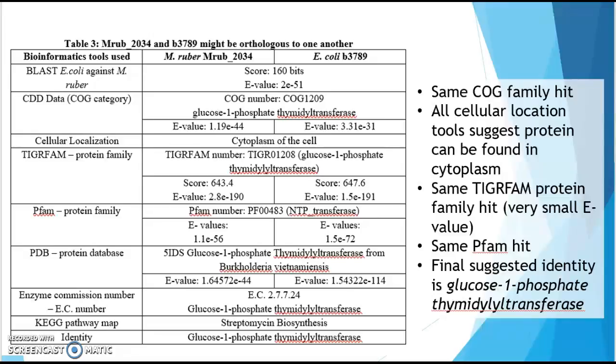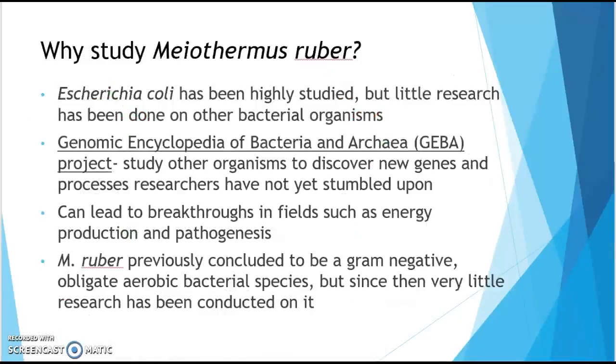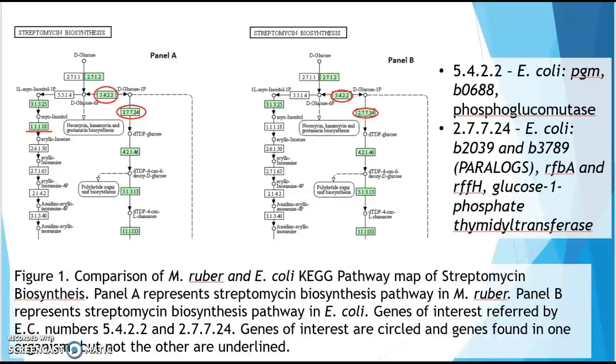This makes sense because if we go back to the KEGG pathway map, according to the E. coli streptomycin biosynthesis pathway, 2.7.7.24 was a paralog, and so is that found in M. ruber.